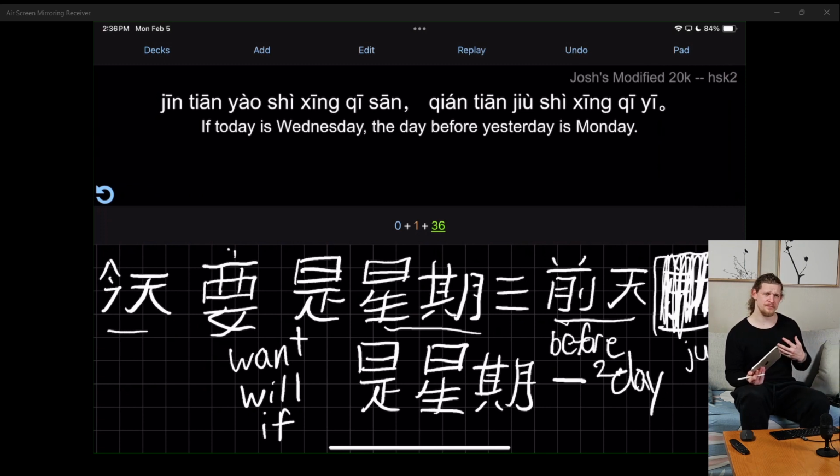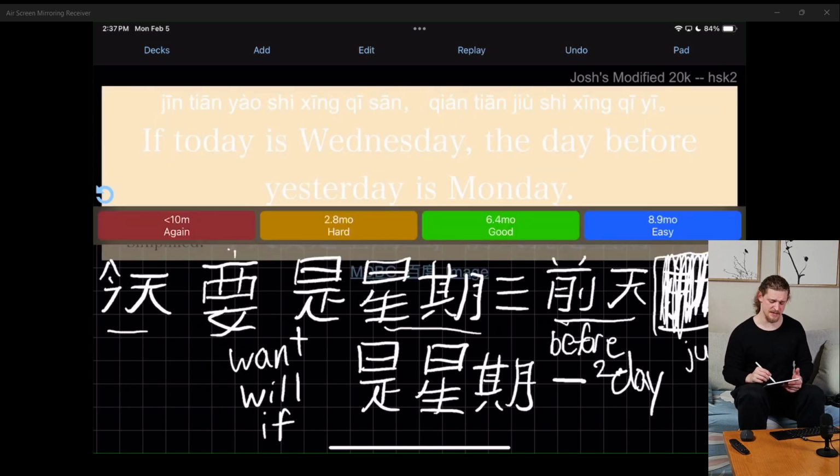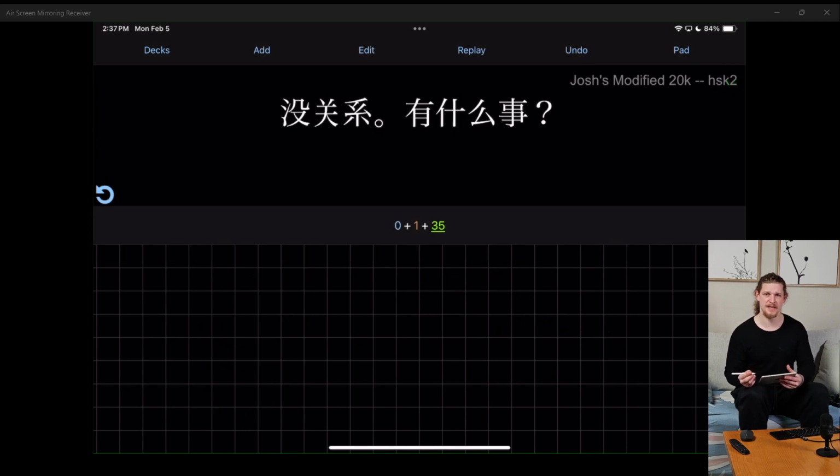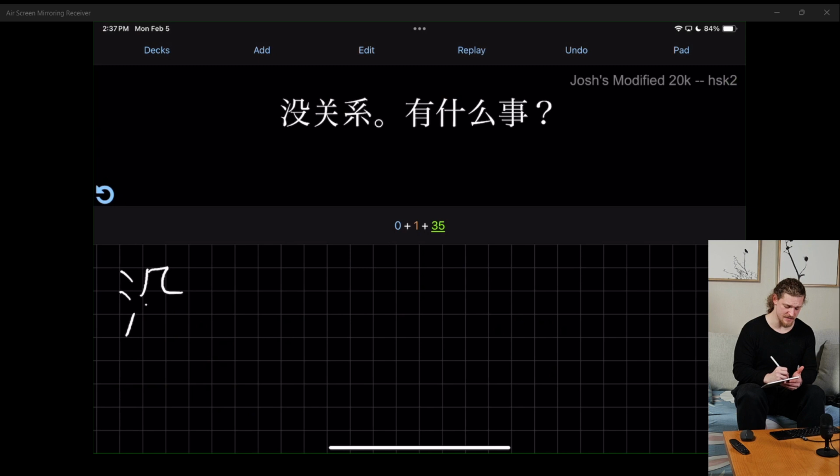It's like a proper break in the sentence to pause your idea and to carry over your thought process from 前天 over into 星期一. It's really difficult to explain. I need to look up and try to find a good way to explain that to you guys. Because obviously I learned Chinese just by talking to people, so sometimes I know what I'm saying, but I don't know what I'm saying.